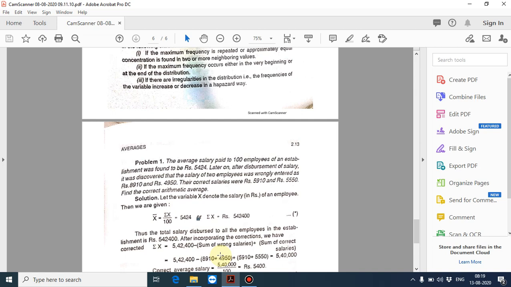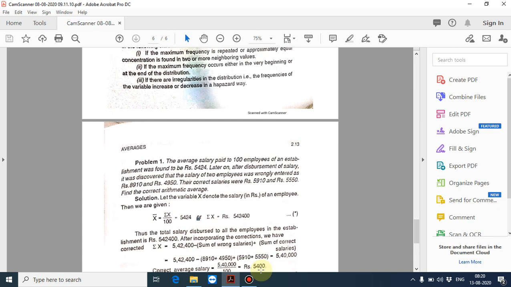If we add everything and subtract, we get this value, 540,000. Now we want to find the correct average. Average means 540,000 divided by 100. So we get 5,400. This is the correct average.